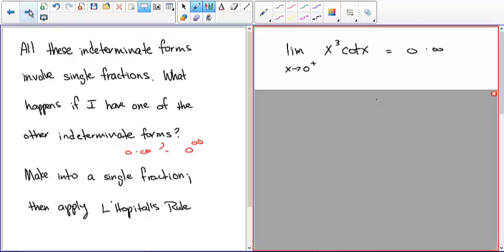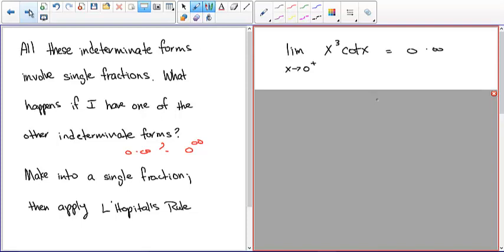So here we have the limit as x approaches 0 from the positive side of x cubed over the cotangent of x. If we plug in 0 plus, the reason we can't put 0 in is because the cotangent of 0 is infinity, or it's undefined.